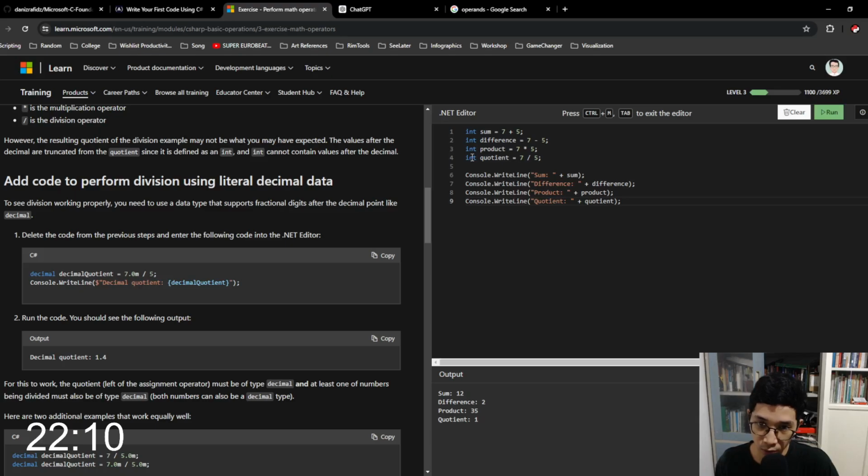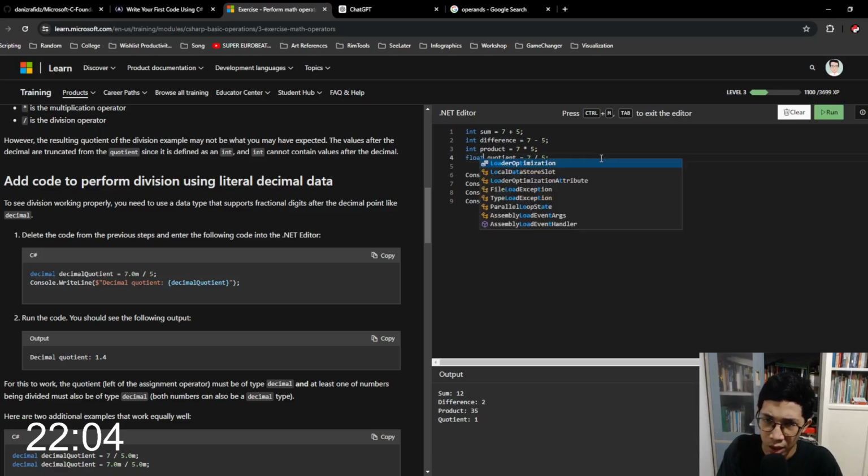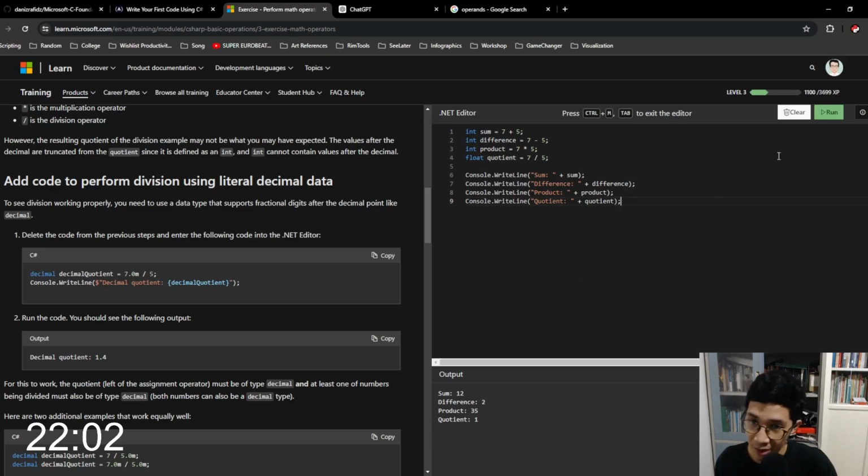So in order to do this quotient, you have to use either float, decimal, or double. I think, yeah, double. Wait, not working. Oh, how about decimal? Still the same. Oh, I forgot that. Decimal, don't forget that.